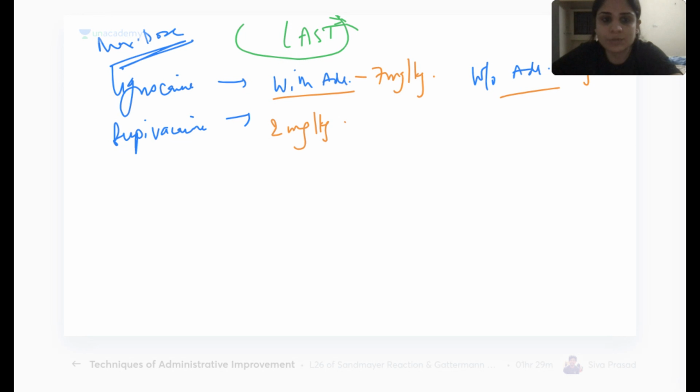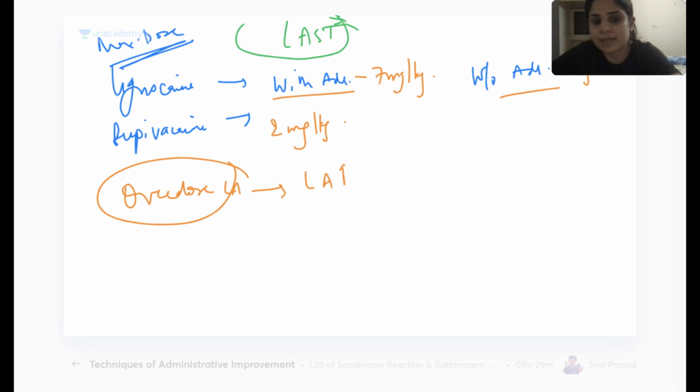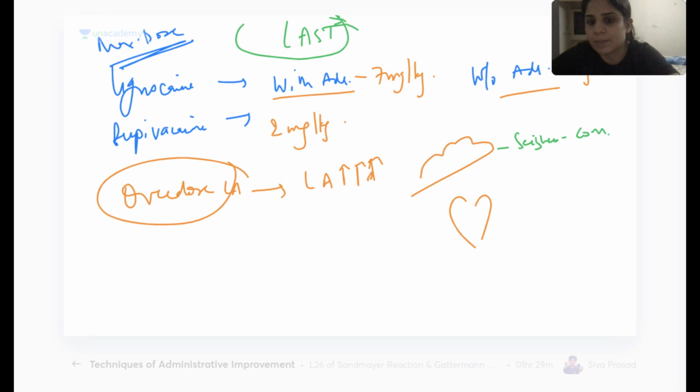So what happens if I exceed the dose, if I overdose the patient with local anesthetic? The local anesthetic level in the blood will increase, so it will go to the brain and to the heart. When it goes to the brain, it will initially cause seizures and then coma.